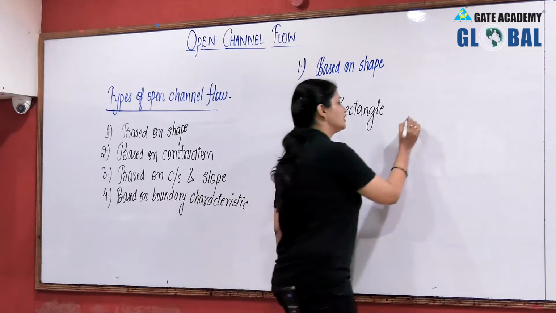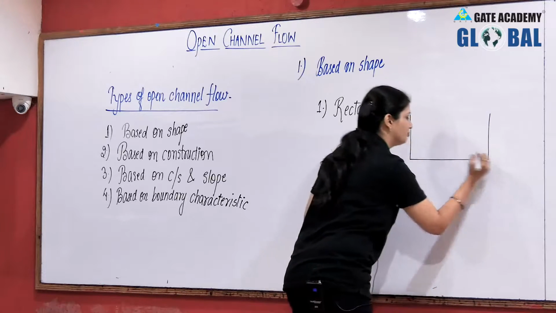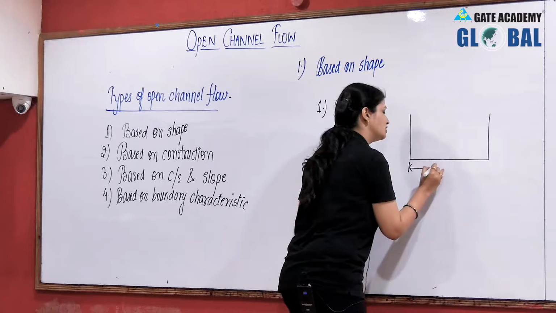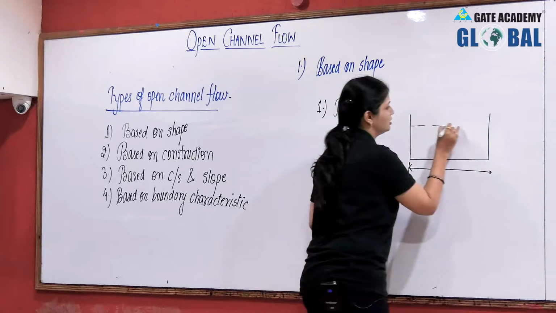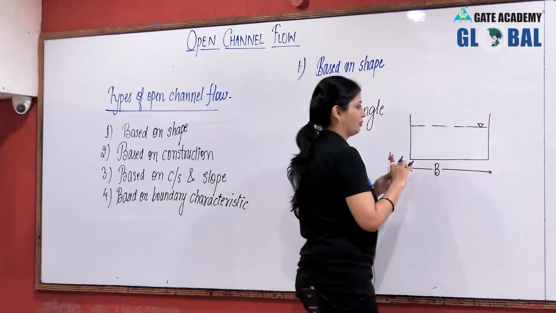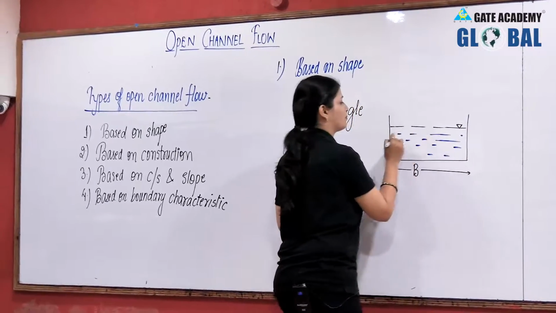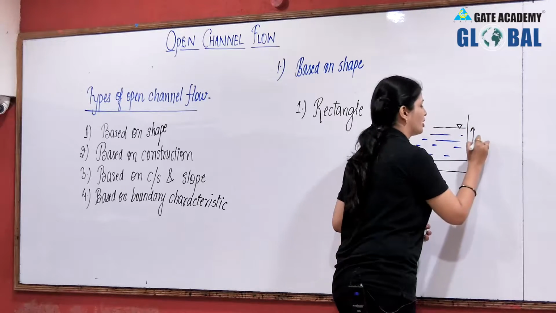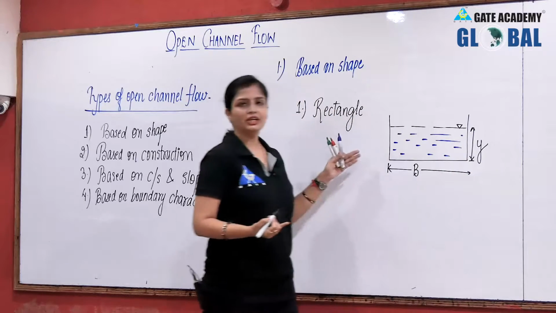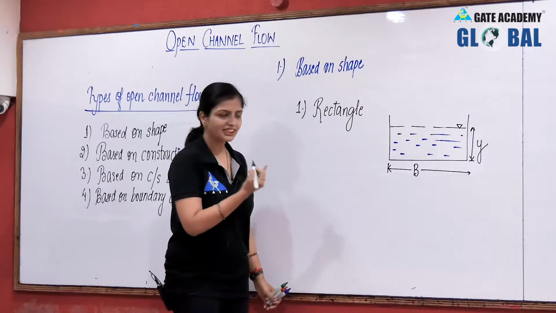So the shape is rectangle. Let me nomenclate it also here for you. If this is your width, this is the water, and this is your depth of flow. So this is rectangular open channel flow or rectangular channel section.